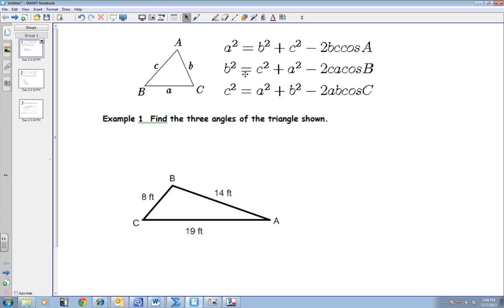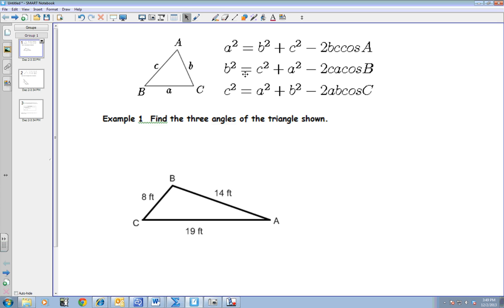Okay, so this very first example, I know the three sides of a triangle, but I don't know any of its angles. And so we're going to use the law of cosines in order to solve for those angles. Now, tomorrow in class, I'm going to give you a set of notes that tells you what steps to do first.